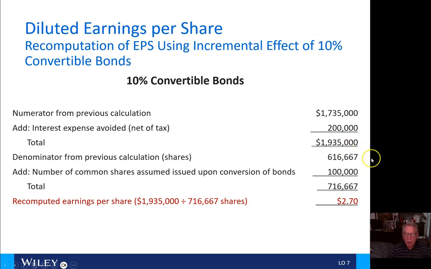The denominator from the previous calculation is 616,667. We add another 100,000 assumed issued from the conversion of those bonds, takes us to 716,667, or $2.70 recomputed earnings per share.